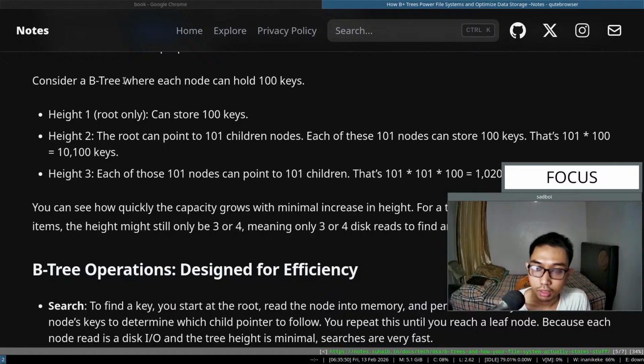Consider a B-tree where each node can hold 100 keys. Height 1: the root only can store 100 keys. Height 2: the root can point to 101 children nodes. Each of these 101 nodes can store 100 keys.